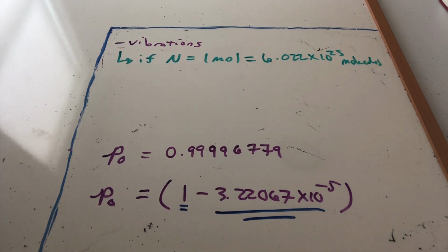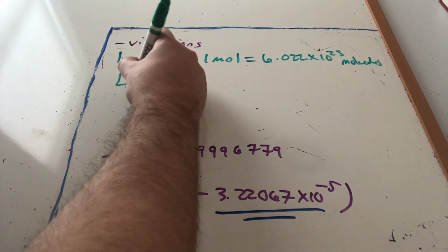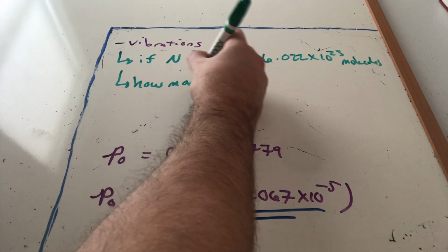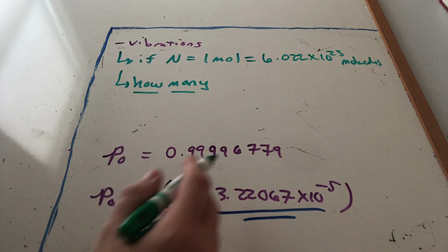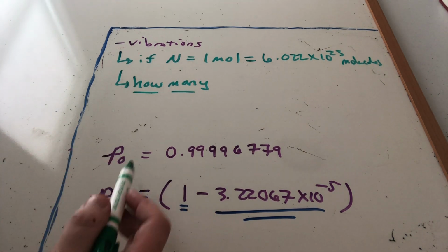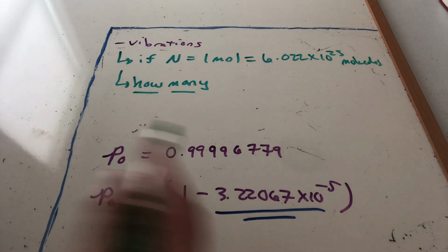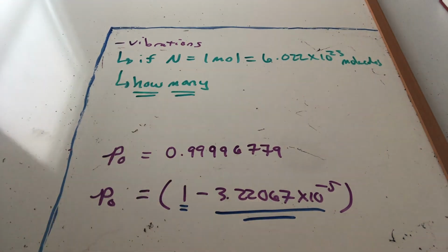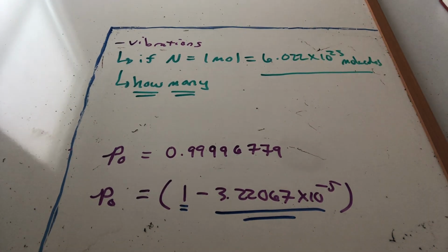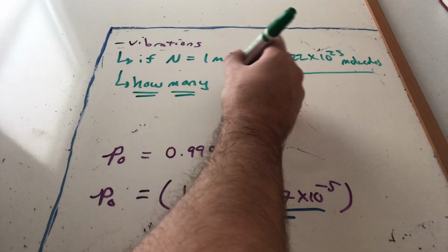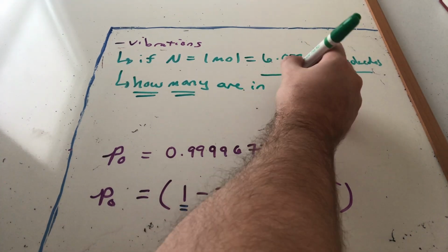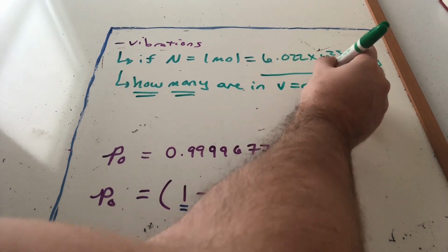Let's get a number. Not what percentage, not what's the population, what's the probability, but how many of this many molecules are in the V equals 0 state.